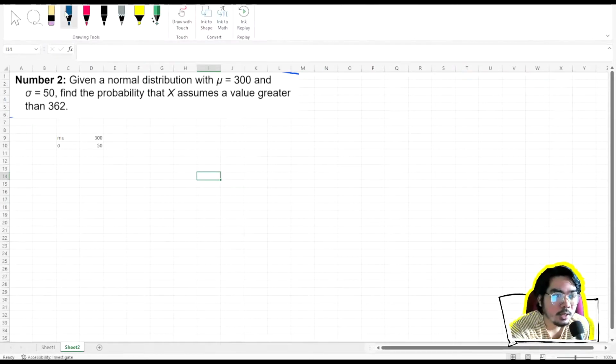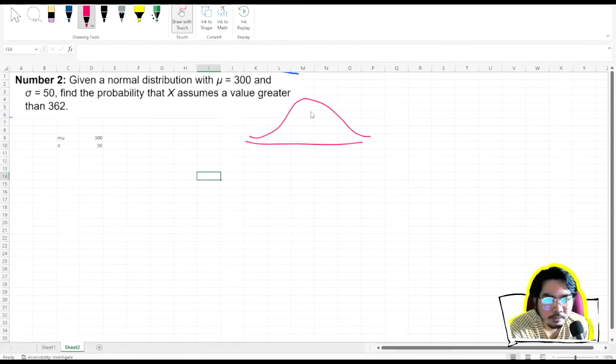So here, class, it's always helpful to try to imagine it first. We know that the mean is 300 and this is not normalized yet, so mu is equal to 300, and each step is plus 50: 350, 400, etc. Then I want to know, where 362 sits, what is the probability that x is greater than 362?